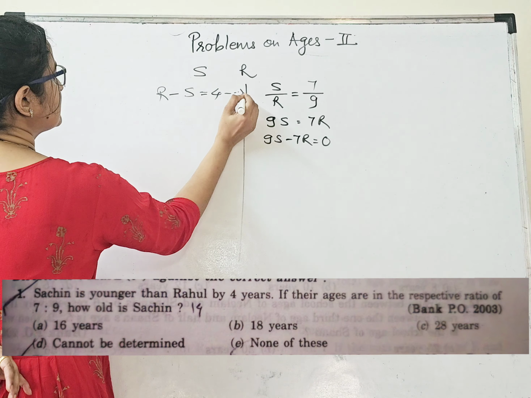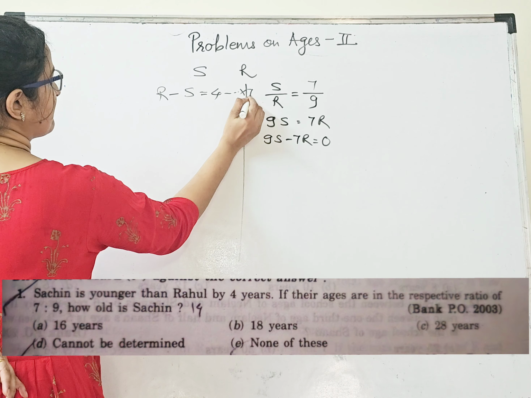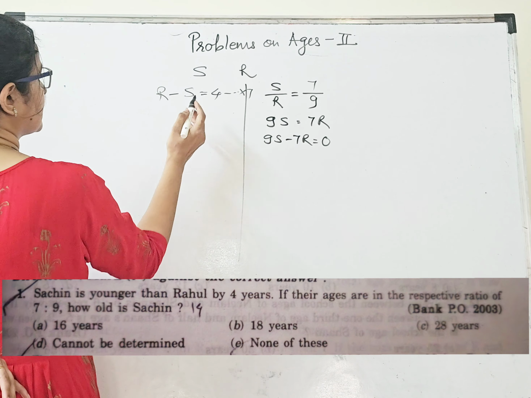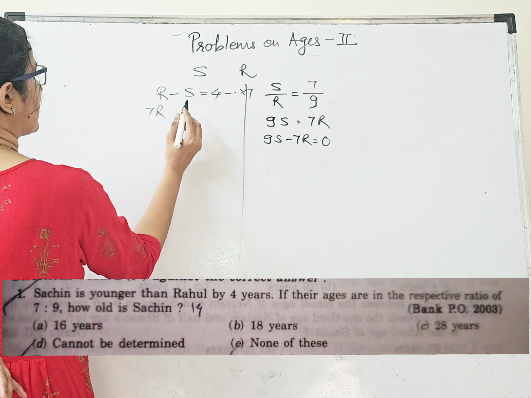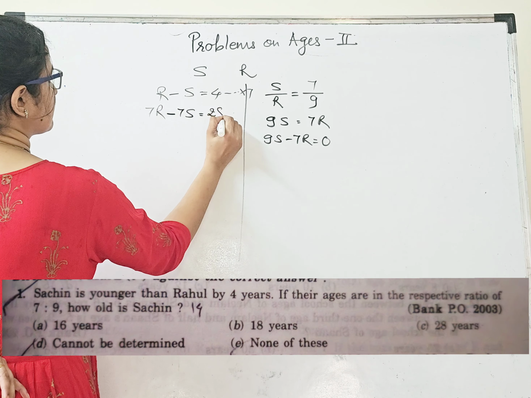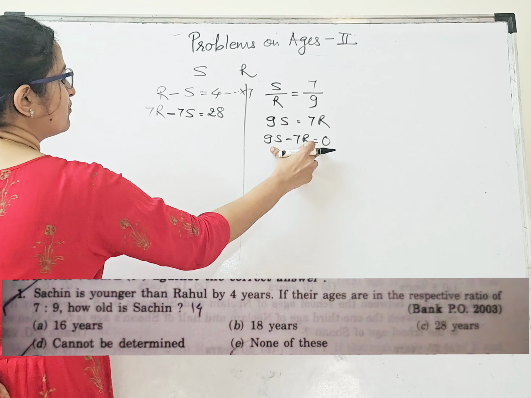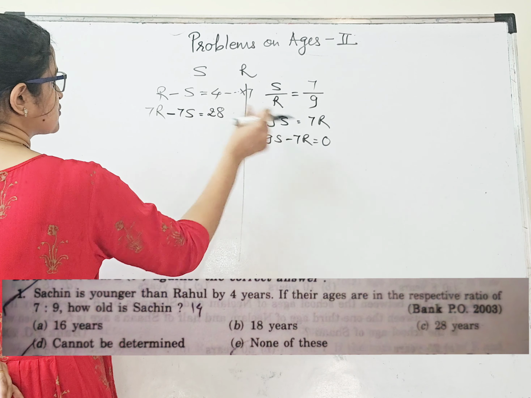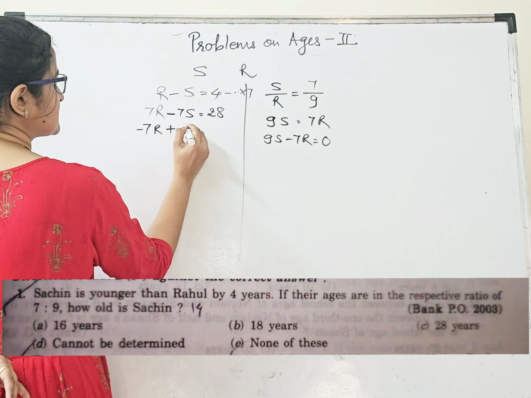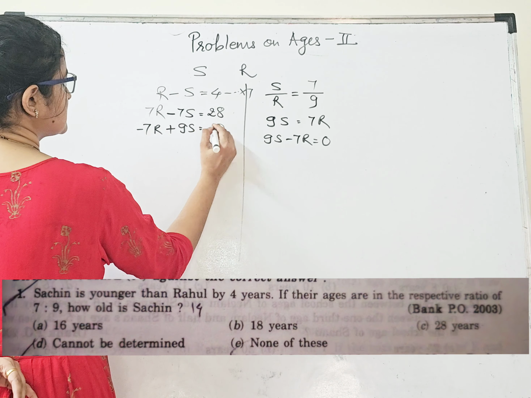If you multiply the first equation with 7, because you are planning to cancel the r factor, you get 7r minus 7s equals 28. Now take this equation: minus 7r plus 9s equals 0.